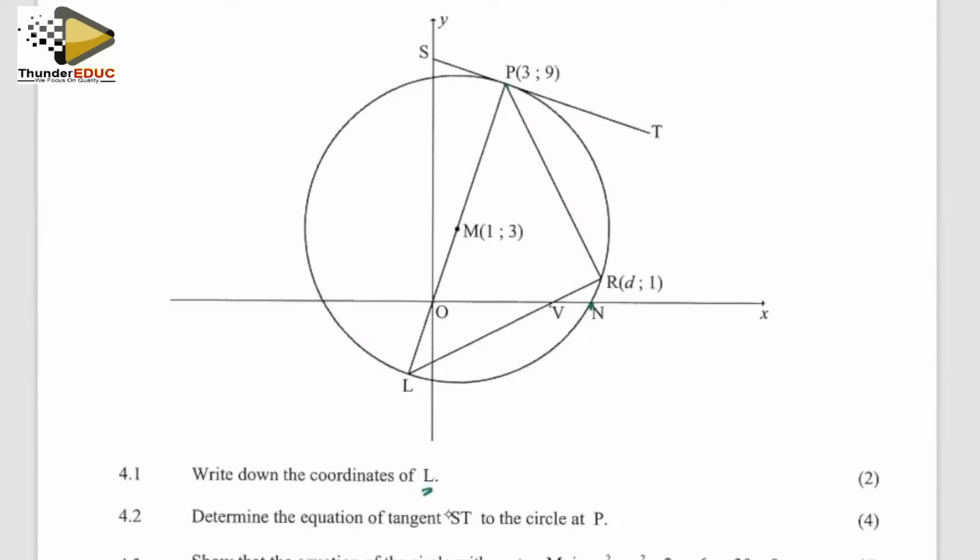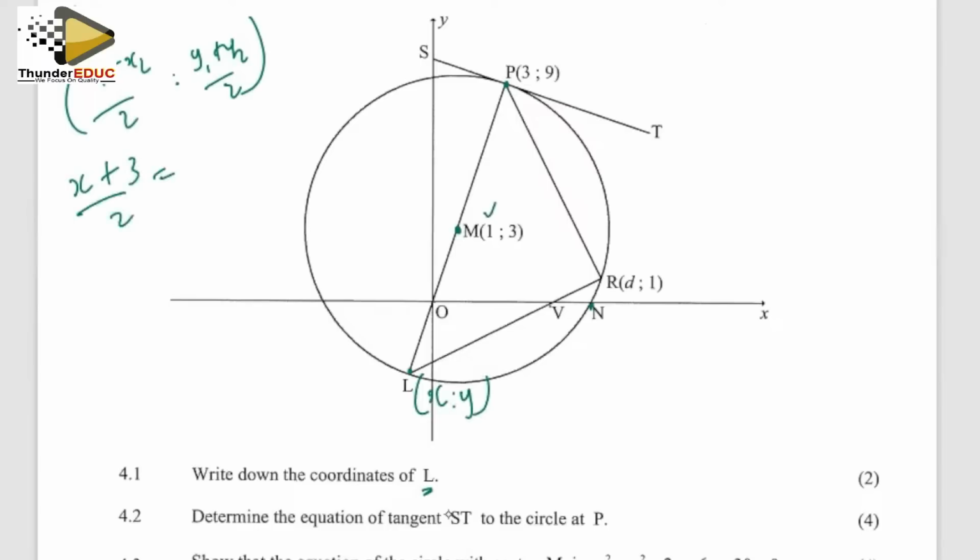The quickest approach to use in this case was the midpoint method, because we know that this M is the center, which is the midpoint of this and this. So we know that if we have x1 plus x2 divided by 2, and then we have y1 plus y2 divided by 2, this is the midpoint formula. So we're saying L is (x, y). So x plus 3 divided by 2, I should get my x value, which is a 1. Cross multiply, x plus 3 should be a 2, which means x is -1.